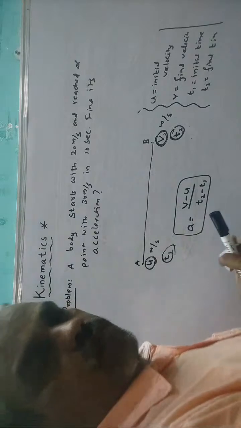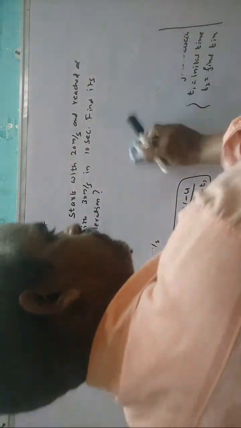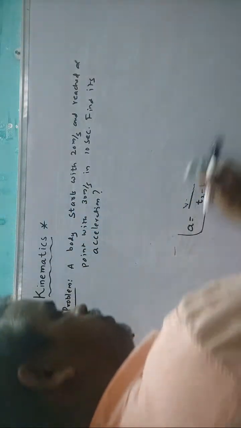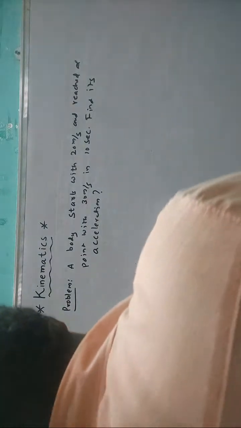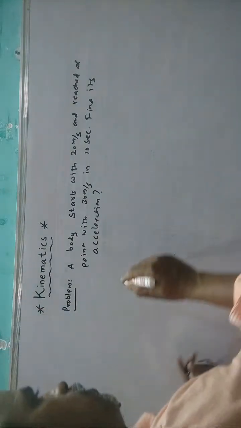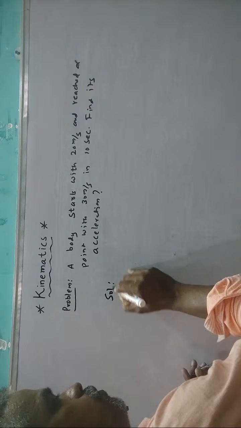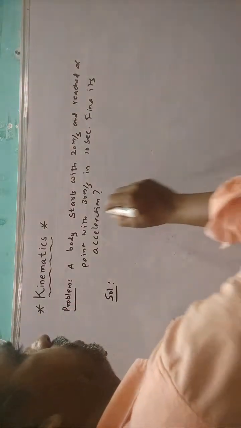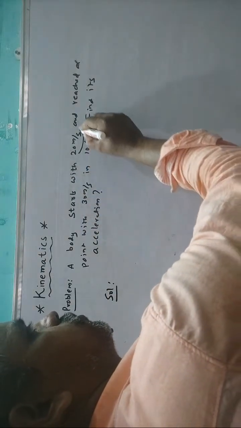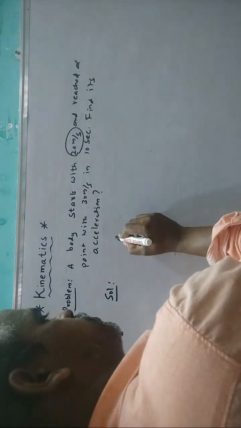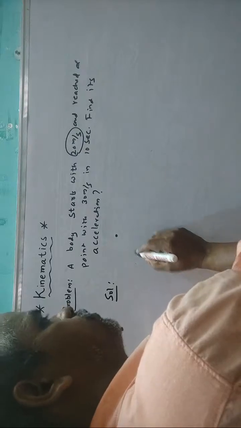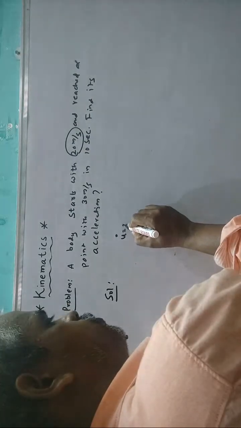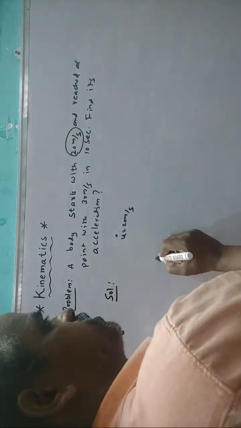For this one, I will give the solution. Okay, solution. See, a body starts with 20 meter per second. For example, this is one body. u equal to 20 meter per second.